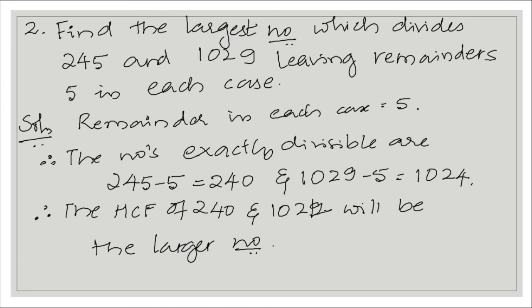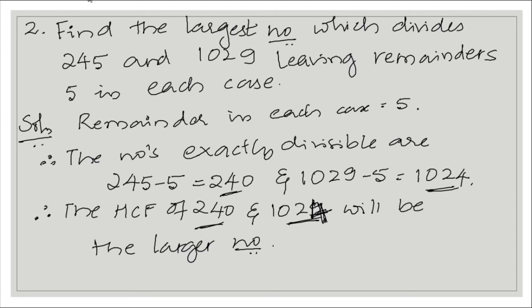Observe, this is 1024, 240 and 1024. To these two numbers, I need to find the highest common factor. To find the highest common factor, what I prefer doing is the division method, because these two numbers are comparatively larger.